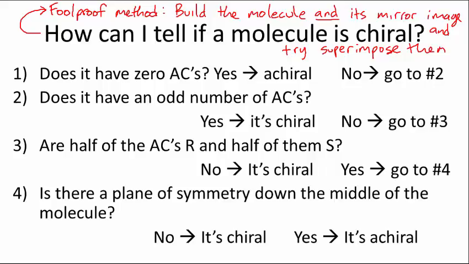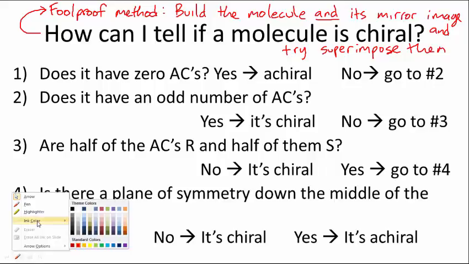That takes a long time. So I have a flow chart, or a sequence of steps, that you can follow to determine if a molecule is chiral. Now, this doesn't work 100% of the time. There are exceptions to this first step.